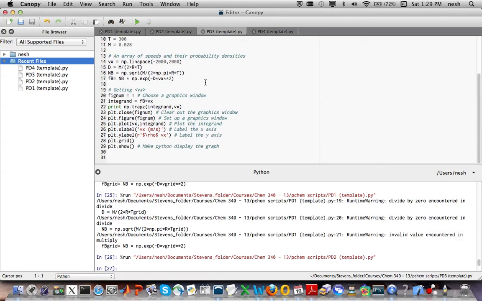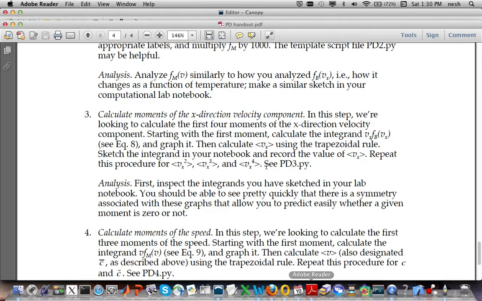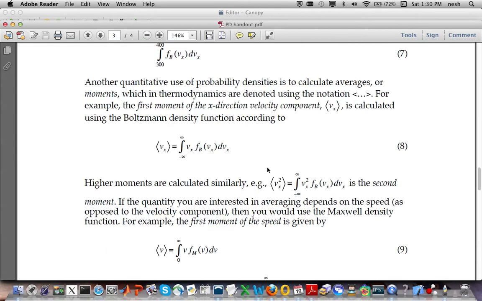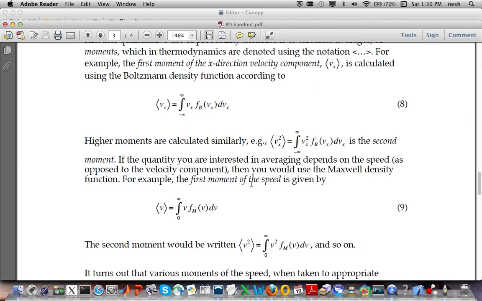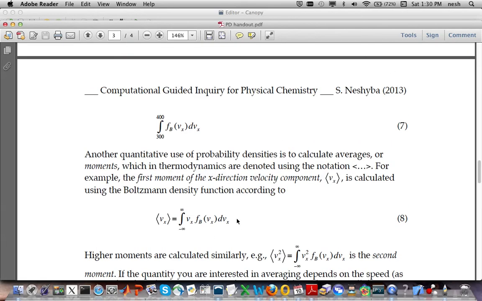For this one, we're not doing a surface plot, so we're just going to do a simple plot. And let's see what happened. This is the integrand in equation 8 here.